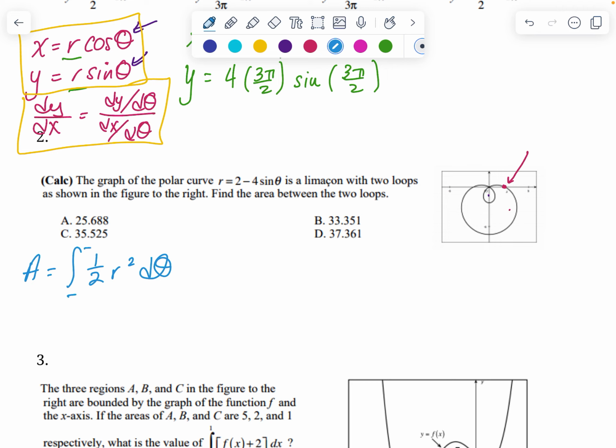The bounds here would be theta values, because that's what this is telling me. It asks me to figure out the area between the two loops. My understanding of that is that I want this region here. Remember that as we're thinking about polar area, we're thinking about wedges, wedges that come out from the pole.